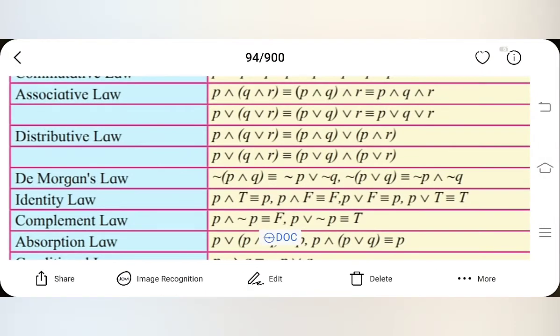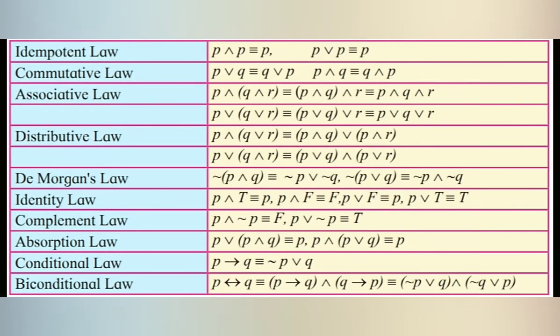De Morgan's law: ¬(P ∧ Q) is equivalent to ¬P ∨ ¬Q, and the other is ¬(P ∨ Q), which is equivalent to ¬P ∧ ¬Q. This is De Morgan's law.